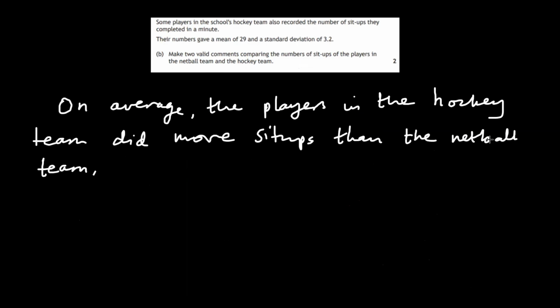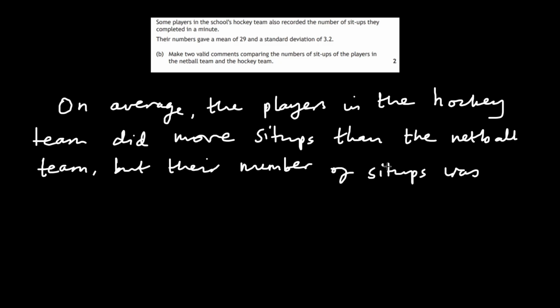So we can say that their number of sit-ups was less varied. So those are the two comments. This is the first one. So it's just the on average stuff. And then the stuff about variation is the second comment.